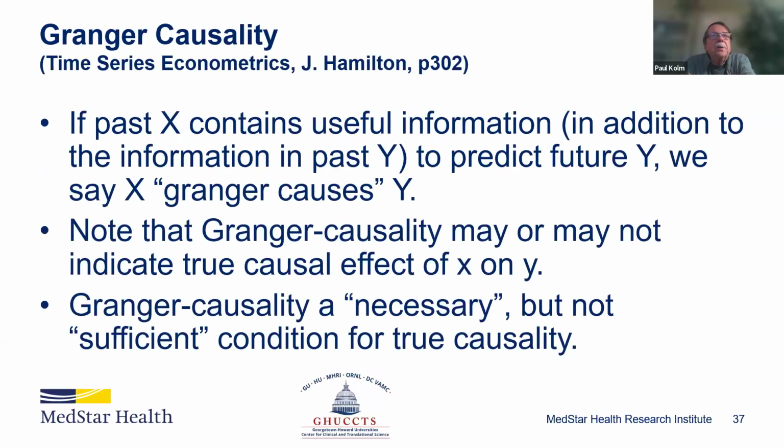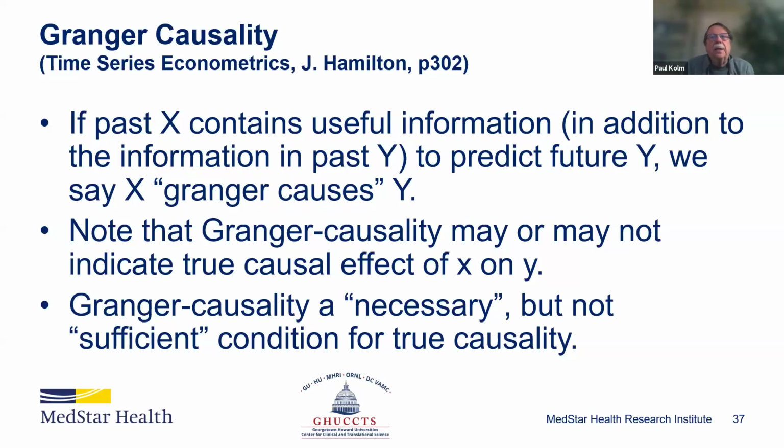And so in terms of how we do this, what we're saying is if the past values of the information that we want to look at are causing the outcome, in addition to the information in the past outcome values to predict future Y, we say then X Granger causes Y. And note that Granger causality may or may not indicate true causal effect.